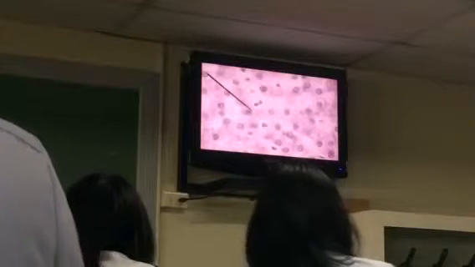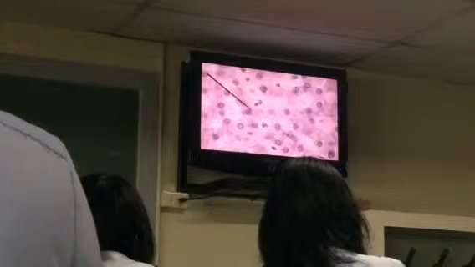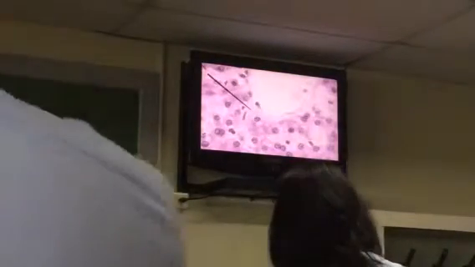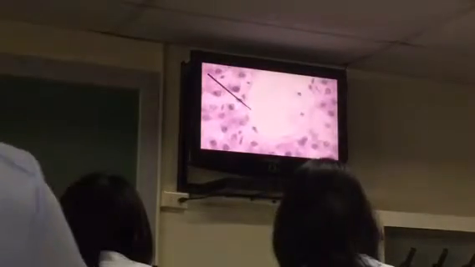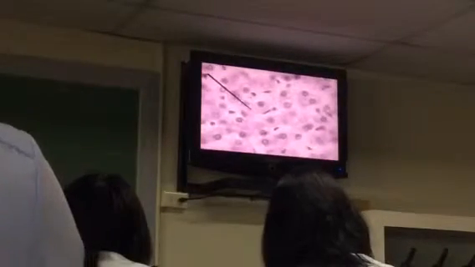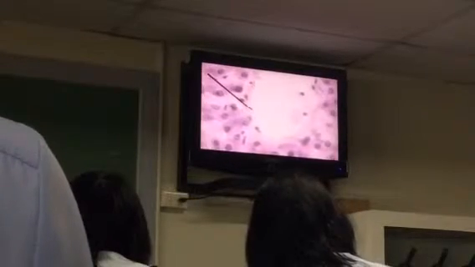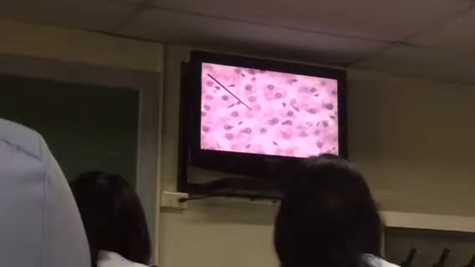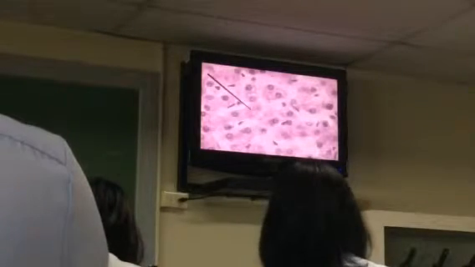Let's focus it in high power. This is the central vein here, and the parenchyma will be your hepatocytes, described as polygonal in shape.